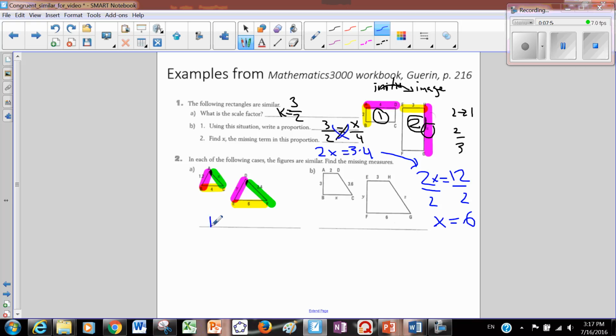So I can write 1.2 over y. And now I need to find 2 that I know. I'm going to take the yellow one. So I did 1.2 over y has to be equal to 4 over 6. And then you do your, I call it the peanut method. 4y is equal to 6 times 1.2.